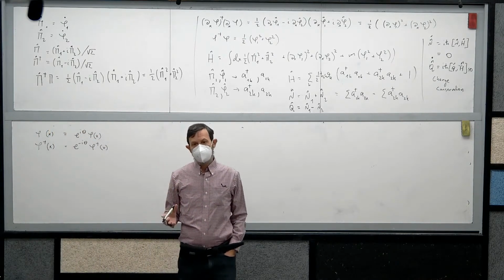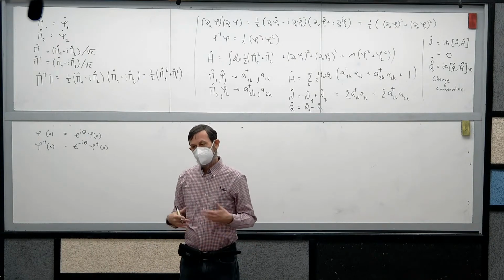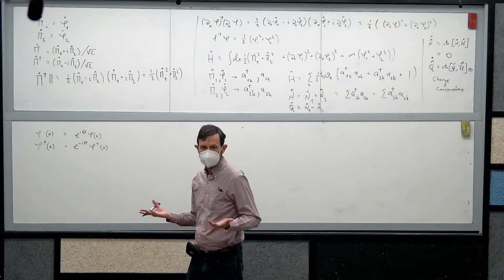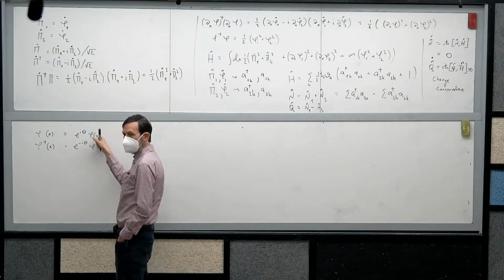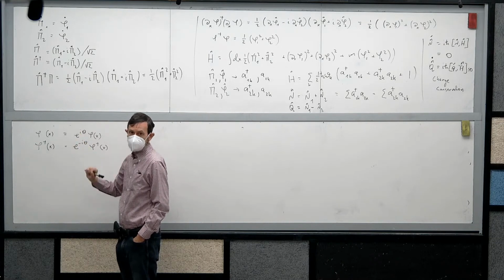And theta is just a scalar, and this type of transformation is known as a global transformation. Why is it global? Because each point x, I'm multiplying it by the same phase.